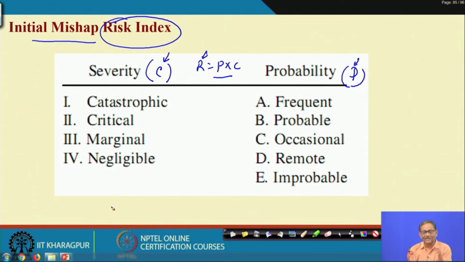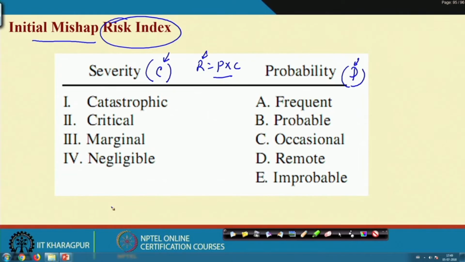And as PHA is done usually at the system level, encompassing all the component, system, subsystem, to get an idea first of what the hazard level is, what are the different kinds of hazards available in the system, so that an exhaustive list of hazards can be found out. So then, their index risk value may be given in a qualitative term.